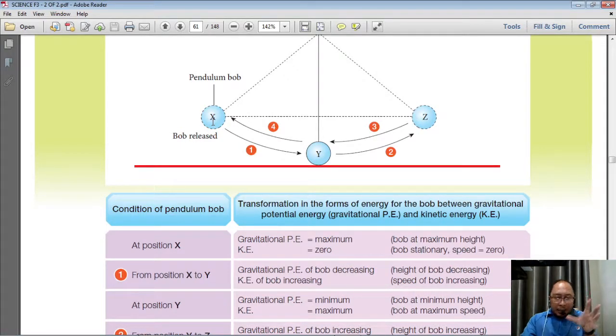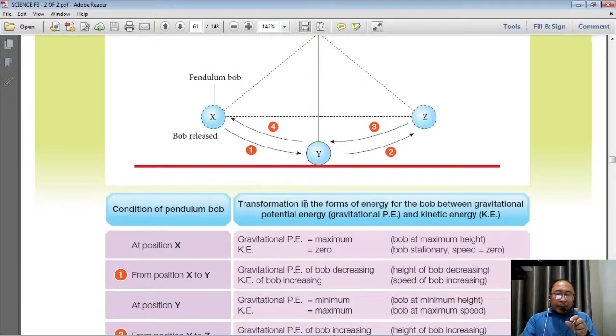The decrease of this gravitational potential energy is changed to kinetic energy, and this change will enable the pendulum bob to move from X to Y.